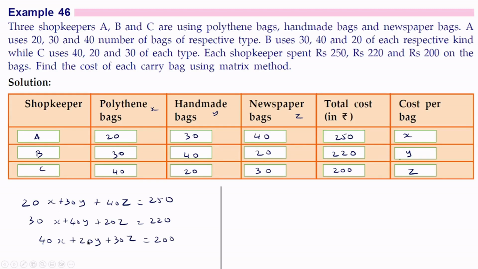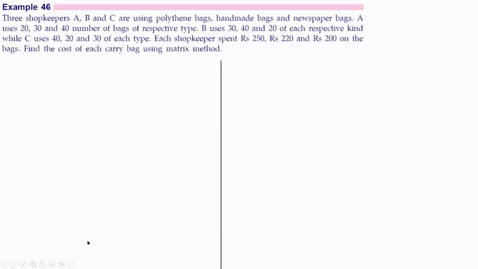So here we can simplify this further. So we get the three equations as 2x plus 3y plus 4z equal to 25. Then 3x plus 4y plus 2z equal to 22. Then 4x plus 2y plus 3z equal to 20.